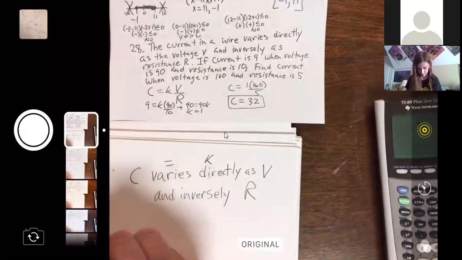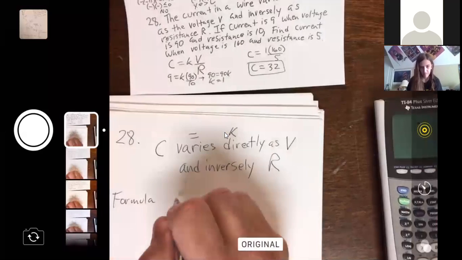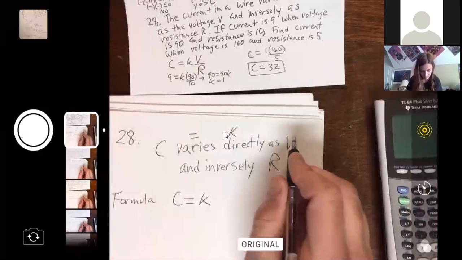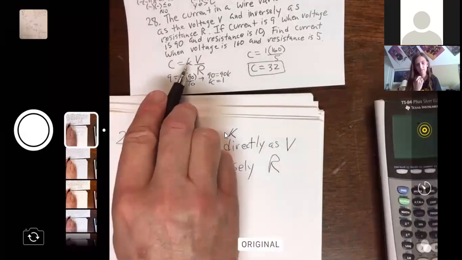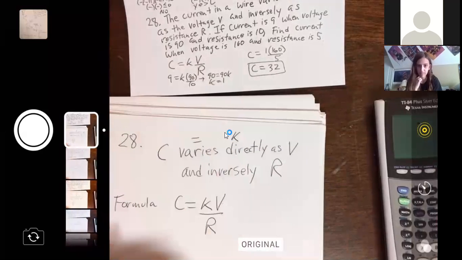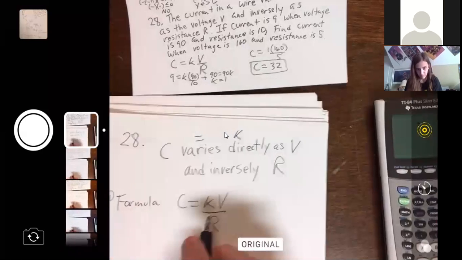So a formula for this: C equals K, the V is on top because that's direct, inversely went on the bottom of the fraction. So that's where I'm getting this formula right here. If you want to bust this into steps, that's sort of step 1, be able to write the formula.